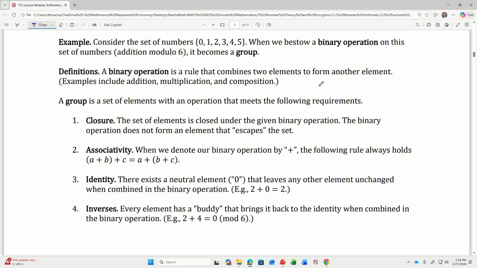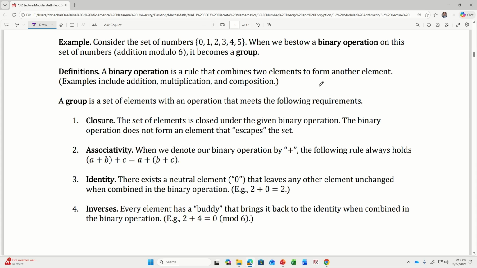Associativity means that the binary operation we're using has the associative property. You know what that is? Identity means that my set has an element that behaves like the number 0 does under addition. In other words, an element plus 0 gives you back the same element. It's the identity element.